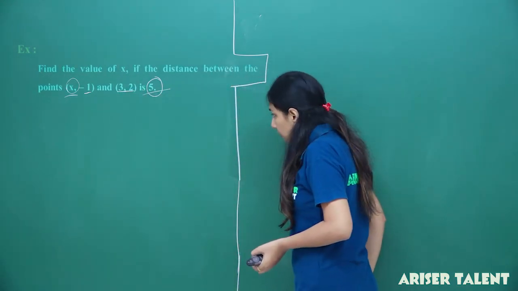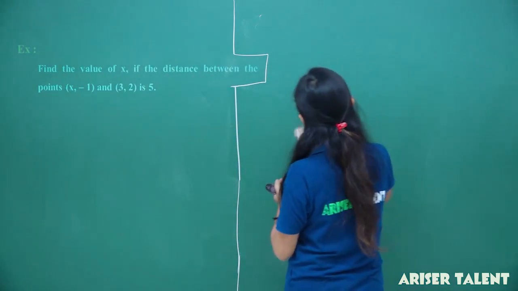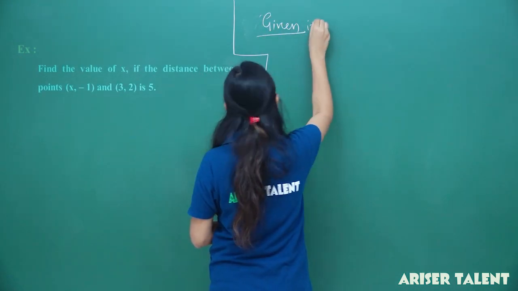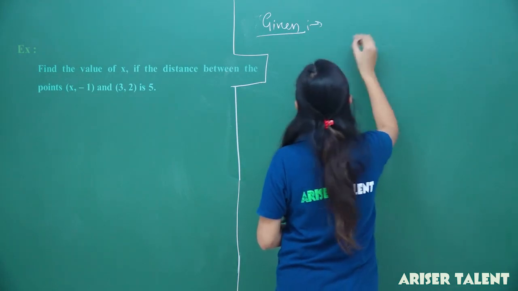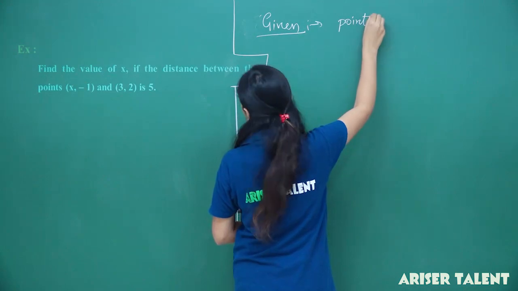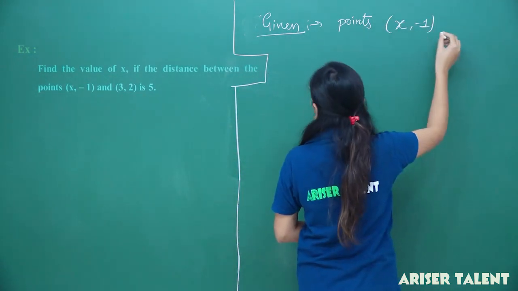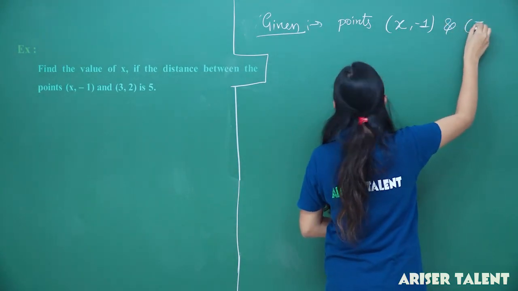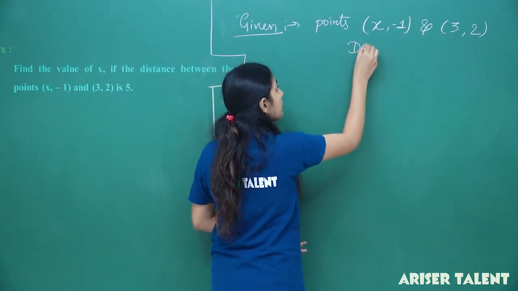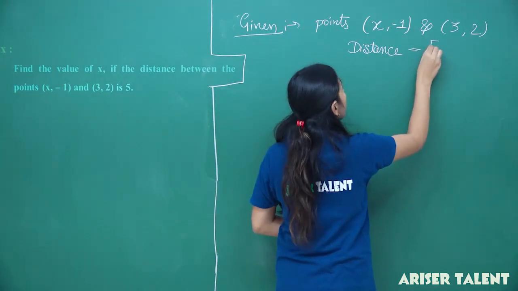Okay, we'll write the solution here, or we can write it as given. Given parameters: points (x minus 1, 3) and (2), distance is given as 5.